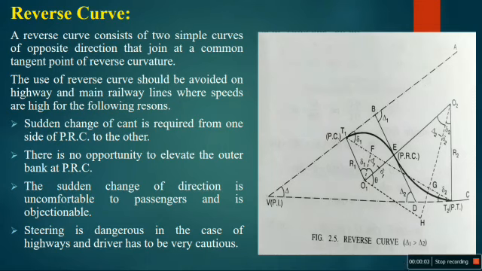In the reverse curve, there are two main classifications: one is parallel straights and the other is non-parallel straights. This is a picture of non-parallel straights. It means the two tangents are not parallel to each other. This is called non-parallel straights.